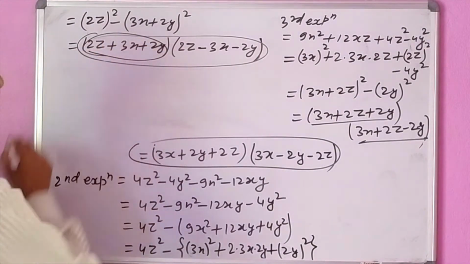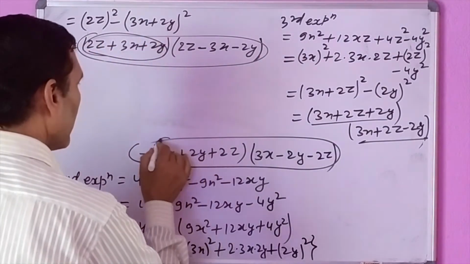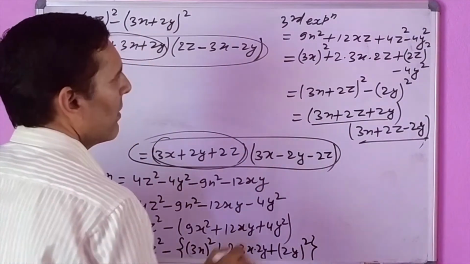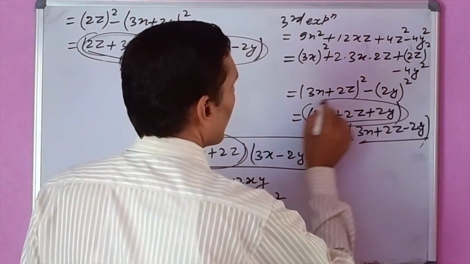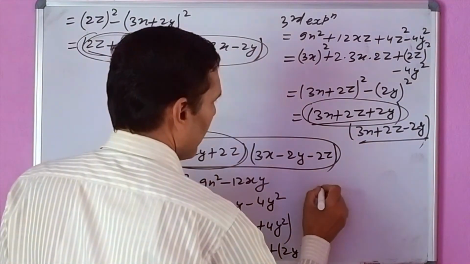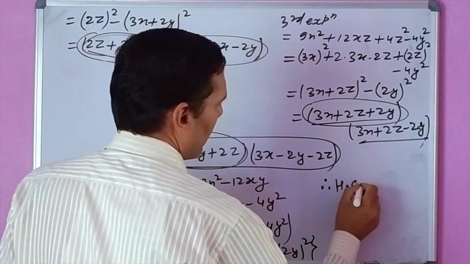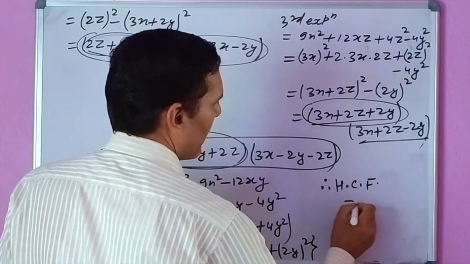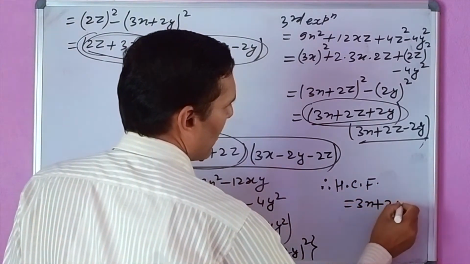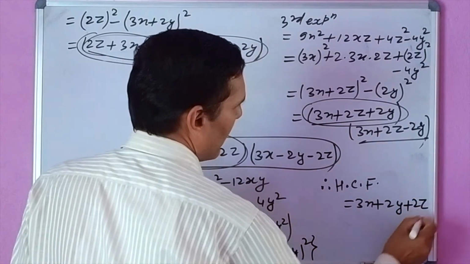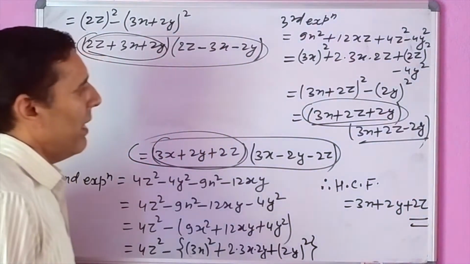This factor, and then 3x plus 2y plus 2z and 3x plus 2y plus 2z. It is the common factor present in all the three expressions. Therefore, HCF is equal to 3x plus 2y plus 2z. This is the required answer.